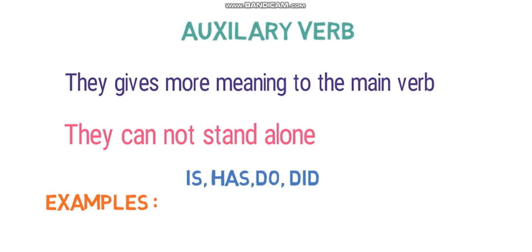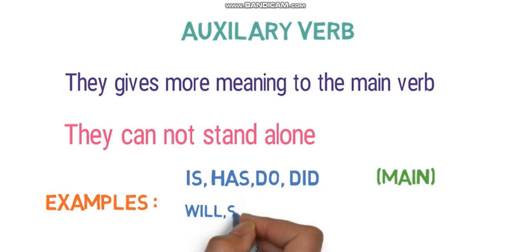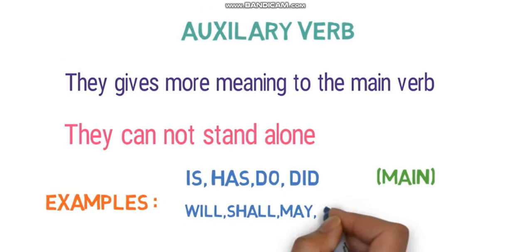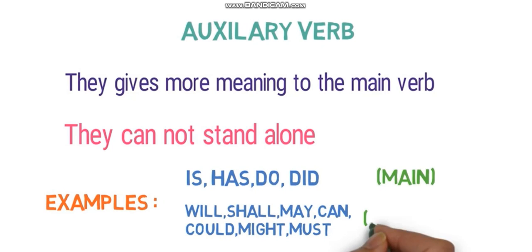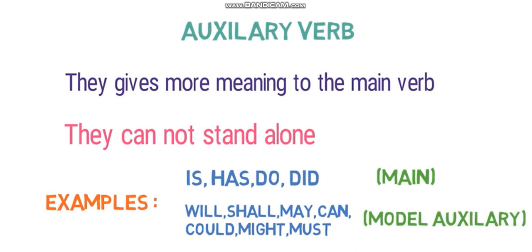These are referred to as main helping verbs. And will, shall, may, can, could, might, must are called modal auxiliary verbs.